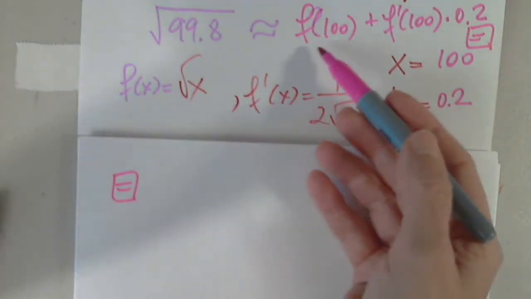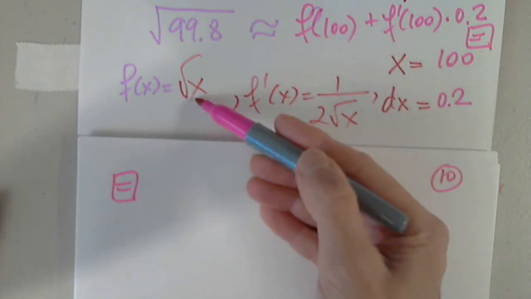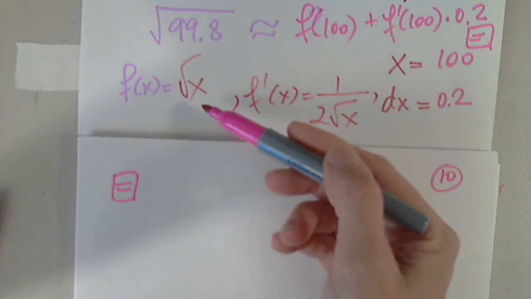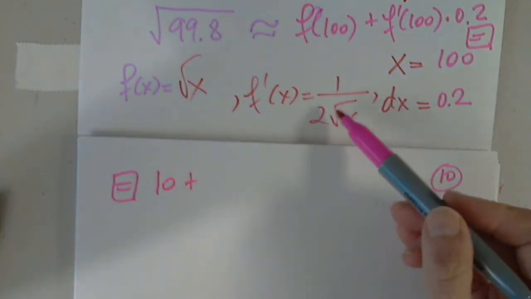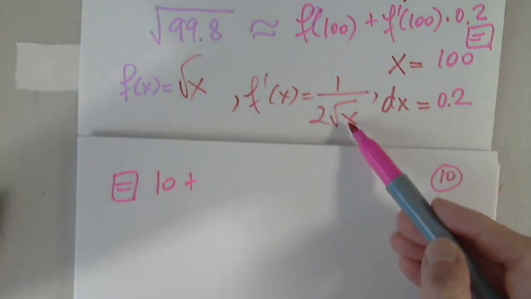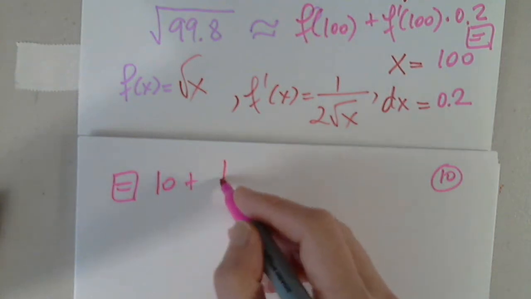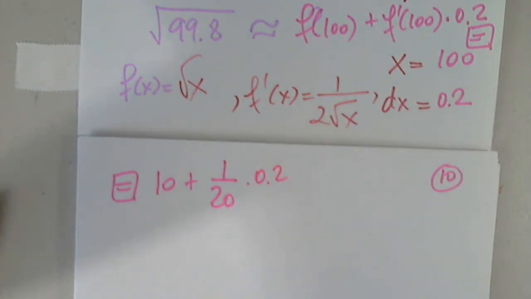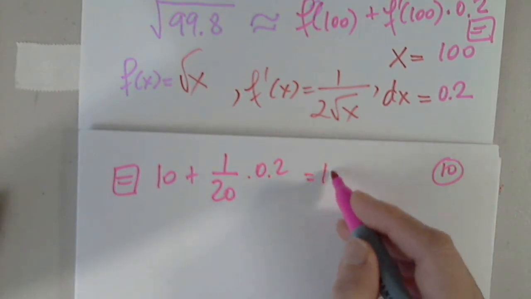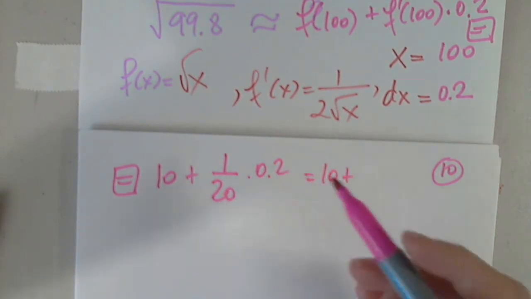f of 100. How much is f of 100? Very good. Plus. You already told me that f of 100 is 10, so I have 1 over 20 times 0.2. Okay, so this is 10 plus. I'll simplify.